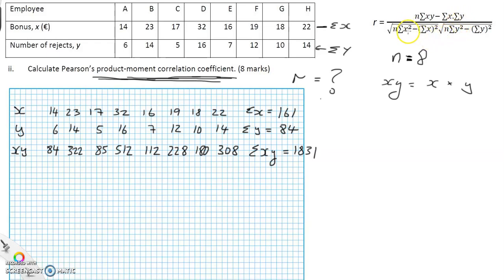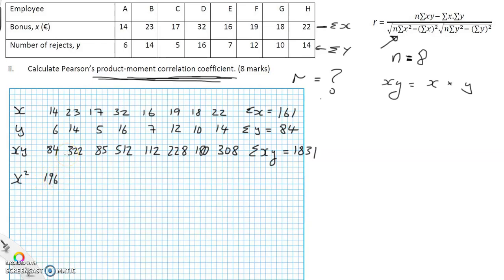X squared, right? So we need to add up. This here is a summation of all the x values squared, but they have to be squared first. So we need a row here of x squared values. So the first one is going to be 14 squared, and that's 196.